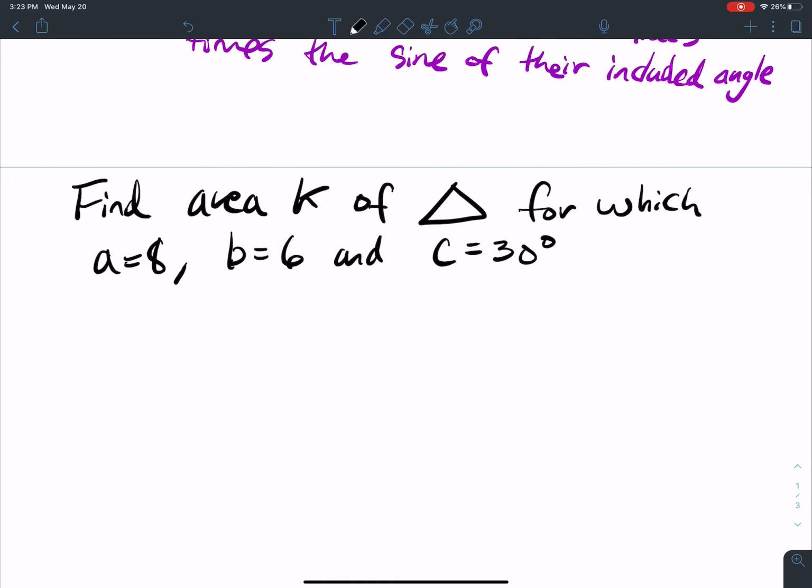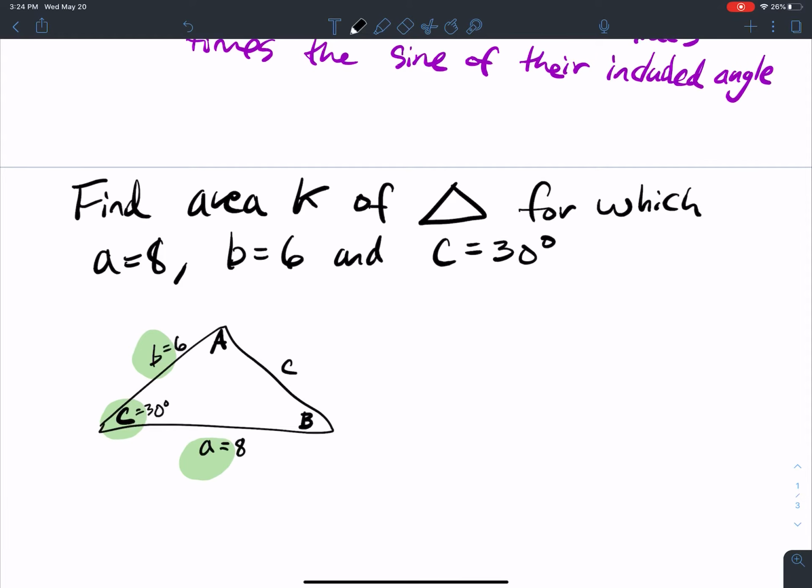We've got some triangle with A, B, C, and this is angle A, this is angle B, and this is angle C. What are we told? We're told A and B and angle C. So that's SAS. So this is equal to 30 degrees, 6, and 8.